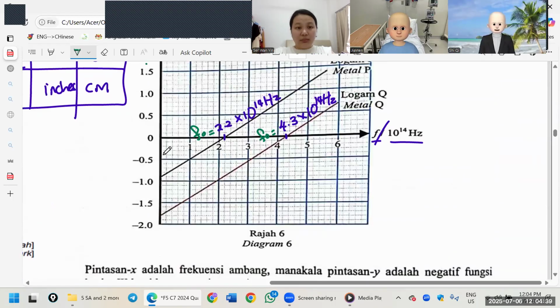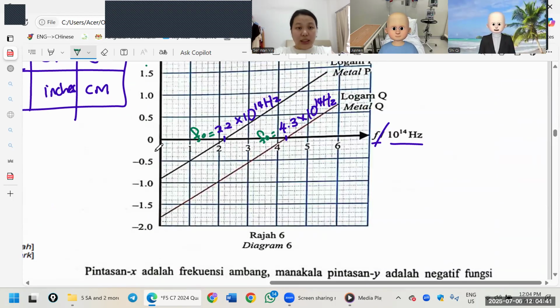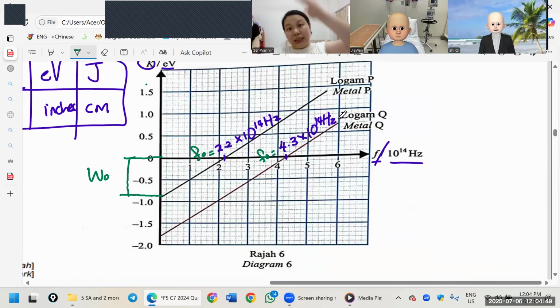Work function means they need to absorb this energy, then only the electron is released. So for P, it needs to absorb this work function. For metal Q, it needs to absorb this work function so that the electron can be emitted out. That's quite easy, right?